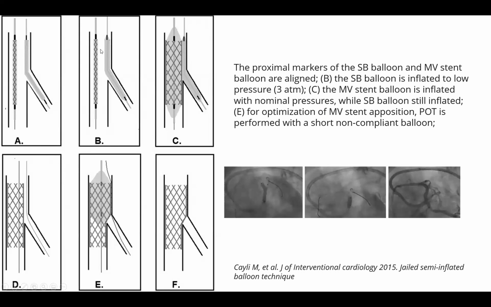Then when you're stenting the main branch, you're keeping the balloon in, or better, in this particular paper, they are inflating the balloon at low pressure, 3 atmospheres. So they are doing main branch stenting with either a stationed jailed balloon or a jailed, mildly inflated balloon at 3 atmospheres. Then after that, they take the balloon out, they do POT, and they assess the result.